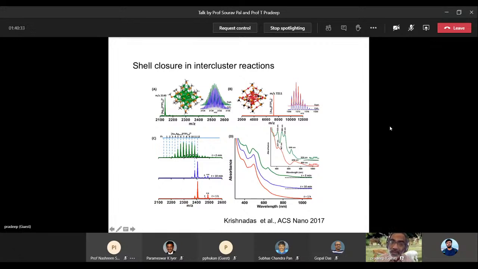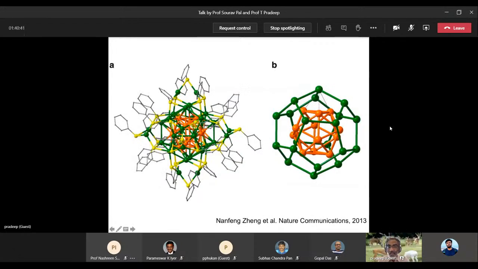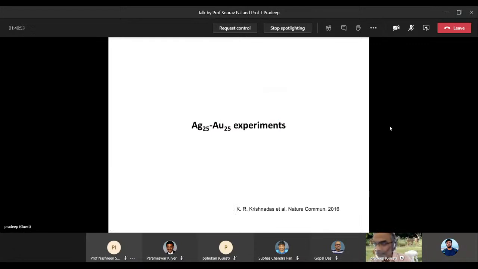And which are these 12 atoms? These 12 atoms, it so turned out with spectroscopic studies and all that, are the central 12 atoms. So in this particular structure with all 44 atoms silver, you can selectively modify the 12 atoms alone by the chemistry that we just mentioned.